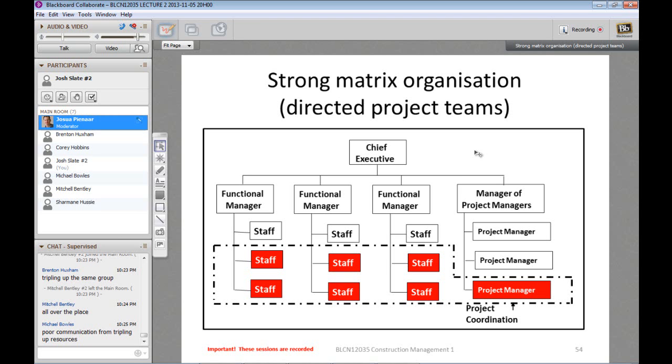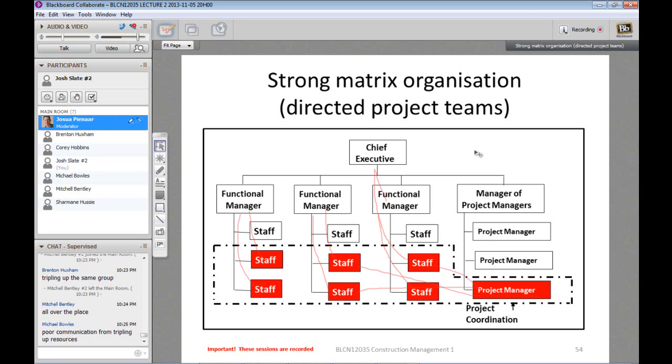On this one, these staff members still have to, let's see if I can draw some lines, and I'll make it nice and thin. These guys are still going to have to respond to their functional manager, but they are also going to respond to our project manager over there.